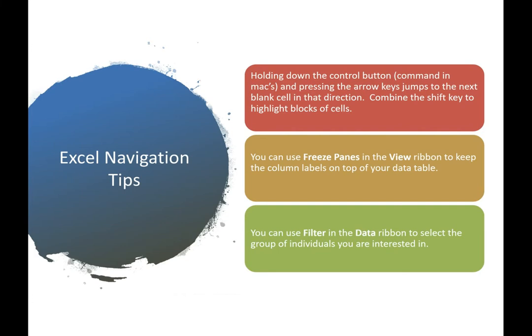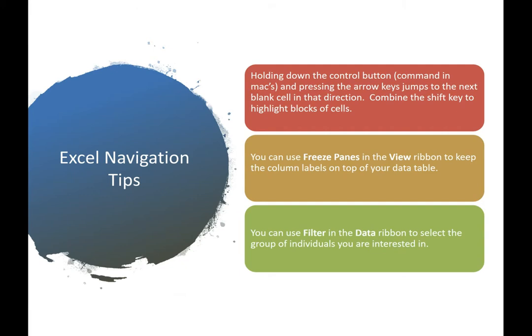So, for the Excel navigation tips, we've learned how to hold down the control button and use the arrow keys to jump to the next blank cell in that direction. And we can combine it with the shift key to highlight blocks of cells. We'll see that in the next video. You can use freeze panes in the view ribbon to keep the column labels on top of your data table.